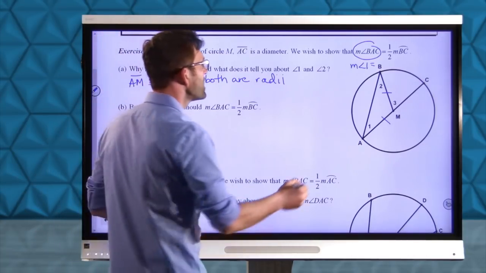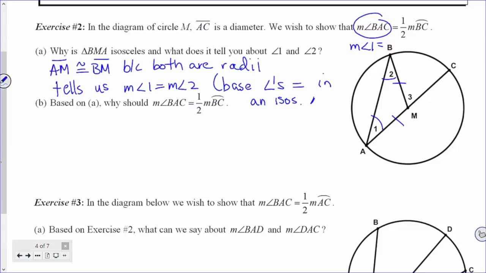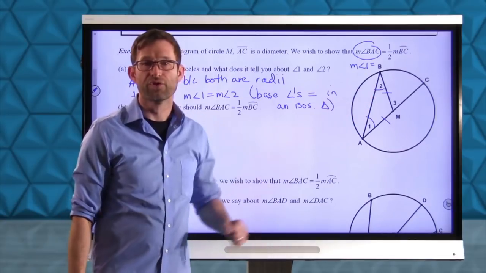Now, what does that tell you about angle 2 and angle 1? Well, it tells us the measure of angle 1 equals the measure of angle 2, because base angles are equal in an isosceles triangle. So I know that angle 1 and angle 2 are equal.